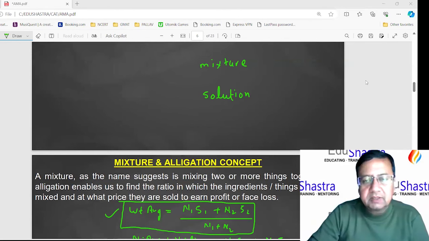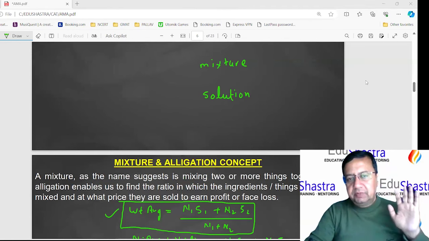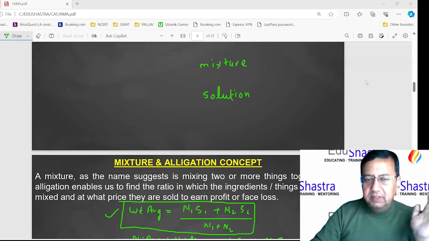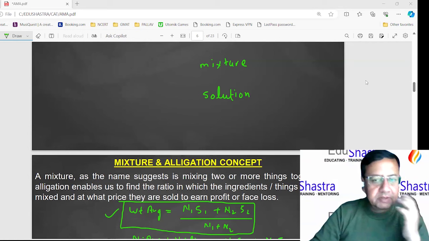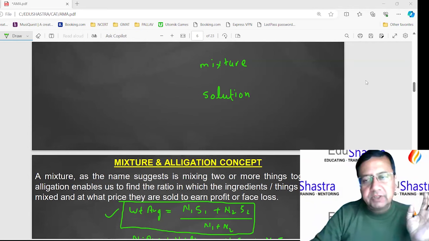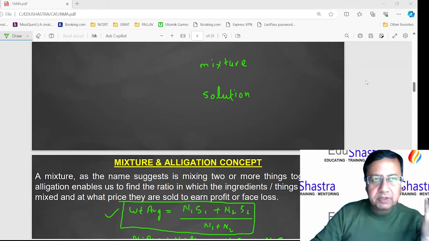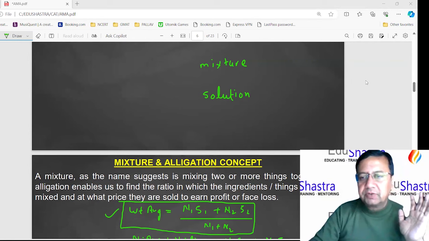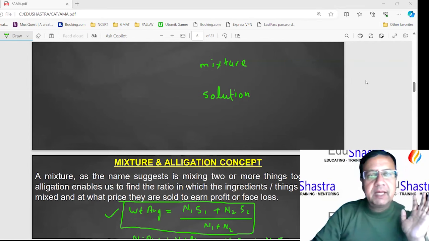Okay, done. So basically, when we will be solving the questions related to average, mixtures, alligation, right? These two terms you will find interchangeably. Sometimes the question is saying mixture, sometimes the question is saying solution, right? So we will not go into the chemical definition of these two terms.